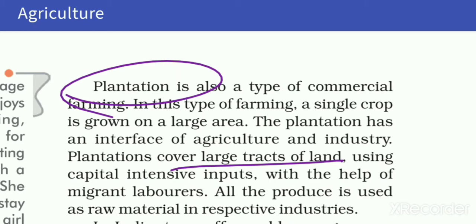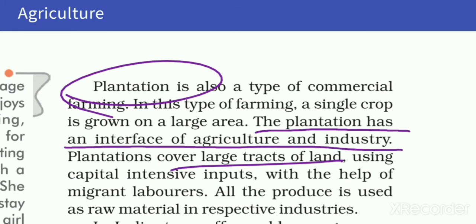Here you see one important line is written: the plantation has an interface of agriculture and industry. It means there is an interdependence of agriculture with industry, because all the produce is used as a raw material in respective industries.